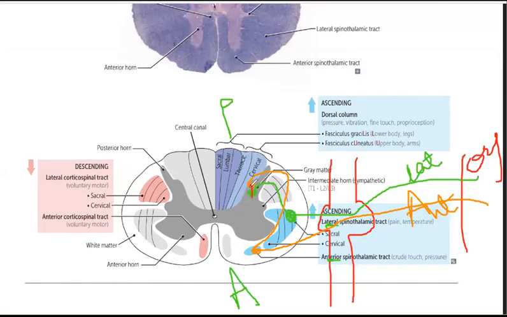So from here the second order neuron will go to this portion, to the white matter. I'm not pointing at this pink or this gray. I'm just pointing to the white area. Okay, let's say this is all white. So I'm just pointing to the white matter.